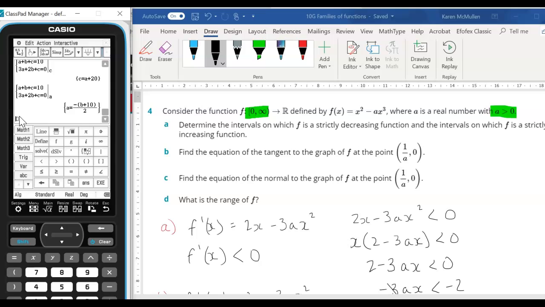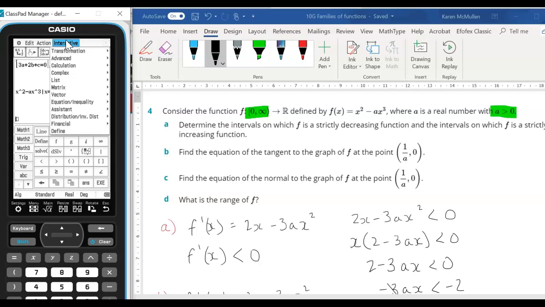I'm going to do this in an easier way. So x squared minus a times x to the power of 3. Now, given that x is equal to 2 on 3a.